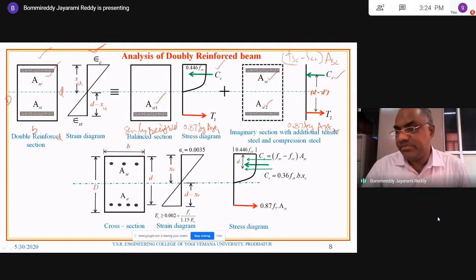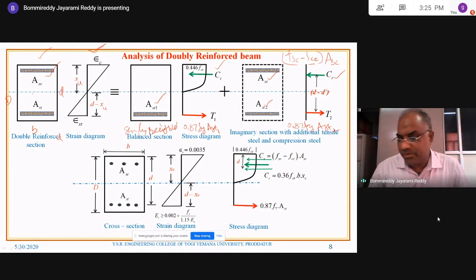That's why it is FSC, stress in steel, minus what is replaced? The replaced material is concrete. So FSC minus FCC, the compressive strength of the concrete, into ASC is CS. So that means ultimately the doubly reinforced section is split into a singly reinforced balanced section, and another one is additional tensile steel and also compression steel, and these two are the stress diagrams. That's all. If you just understood these diagrams, everything is over.